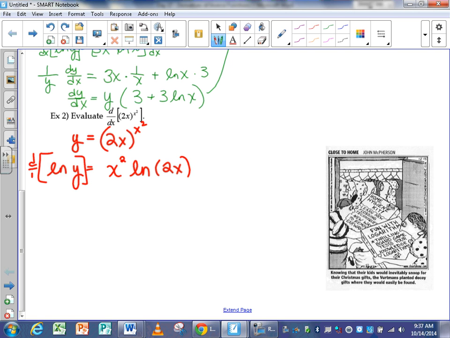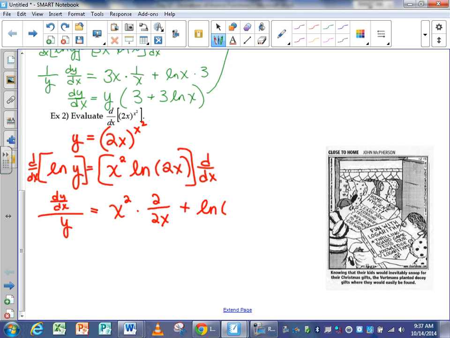Now I'm going to take my derivative, d dx, d dx. Over here, the derivative of ln y is the derivative of the inside over the inside. And then the derivative over here is a product rule: the first times the derivative of the second plus the second times the derivative of the first. So then if I solve for dy dx, it is y times, well, let's see, these 2's will cancel, that will cancel with that.